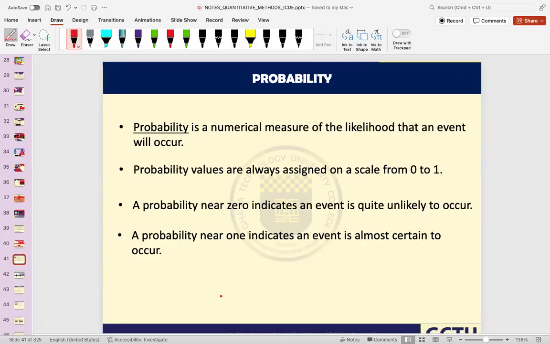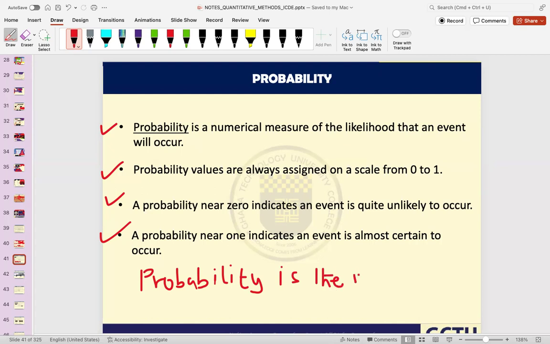Probability theory has so many definitions in books, but I want to define it in a simple way for you. You can say that probability is the measurement of chance.